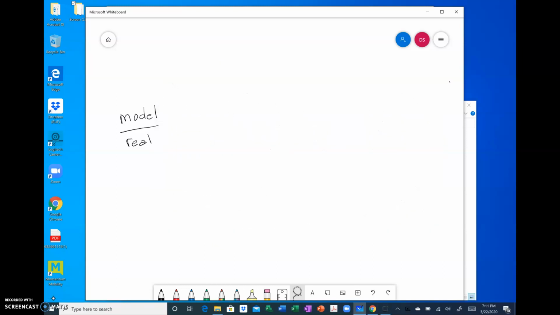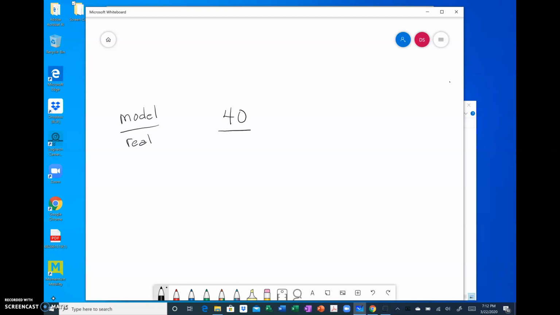All right, example 3. A museum is creating a full-size T-Rex from a model. The model is 40 inches in length from nose to tail, and the resulting dinosaur will be 40 feet. So we're looking at the ratio of length in the model to length in the actual dinosaur, okay?